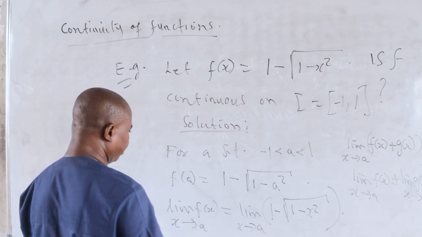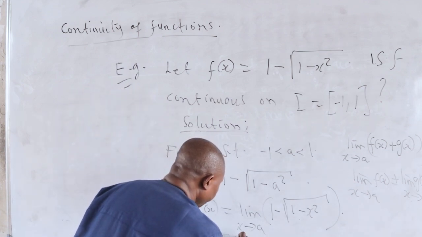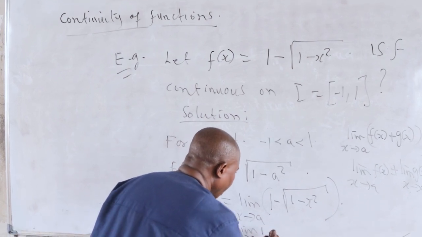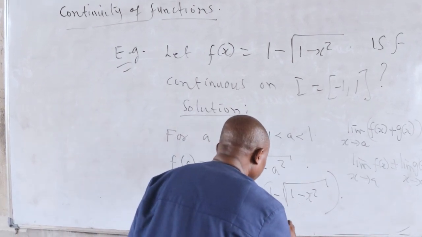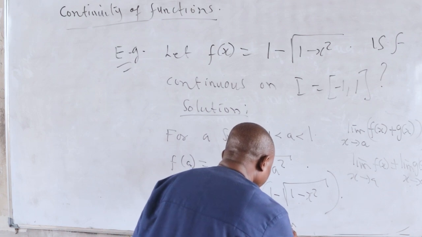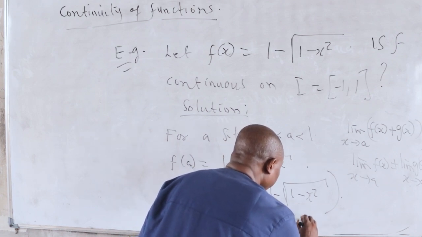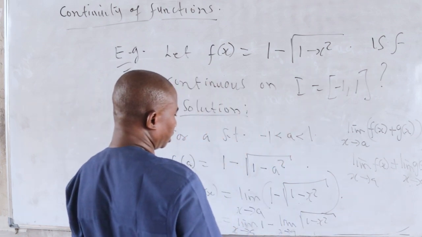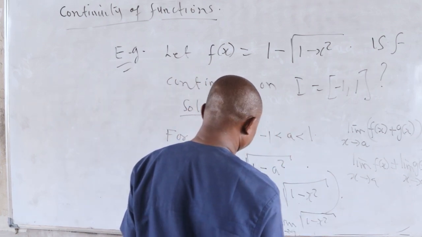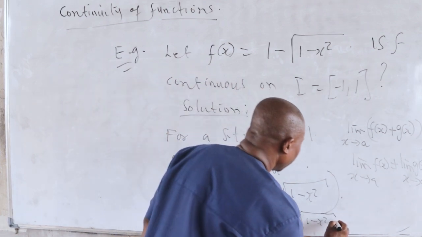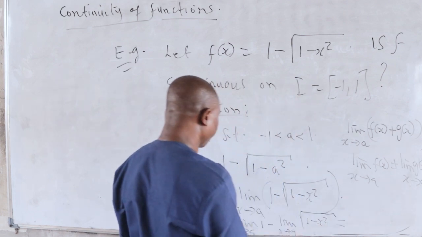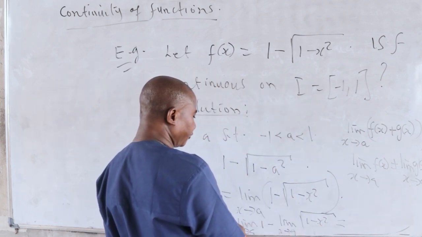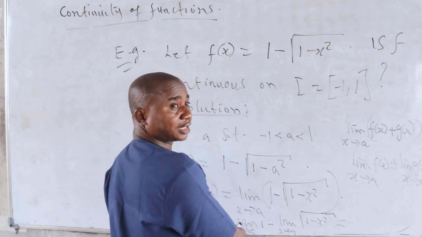If we pass the limit, this is going to give me the limit as x tends to a of 1 minus the limit as x tends to a of the square root of 1 minus x squared. I can still pass this limit inside. Of course, as x tends to a, 1 is a constant, independent of a, so this limit is exactly 1.